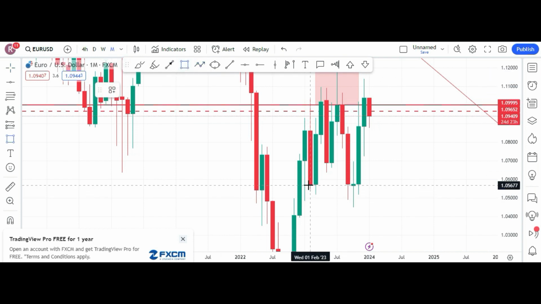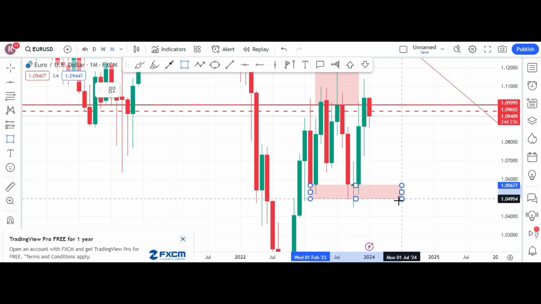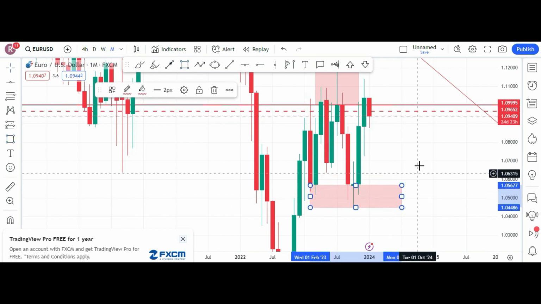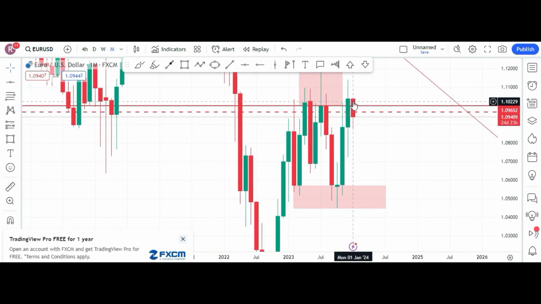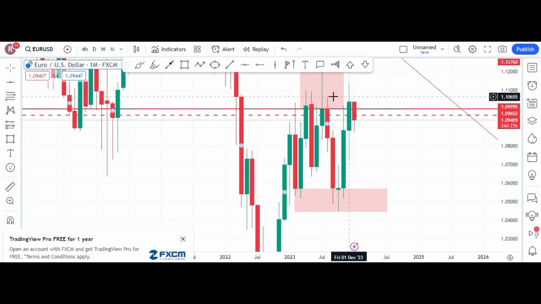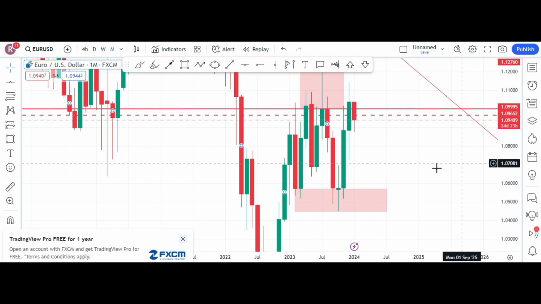So this is the red and green, and we have a red and green. If we have a red candle like this in December, in January 2004, then we have a triple top, a monthly triple top will happen here, okay guys. So let's mark this also.